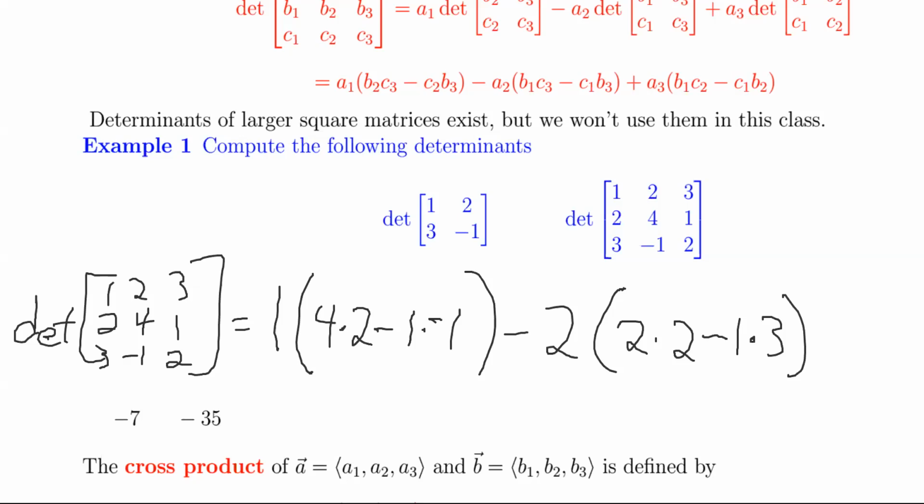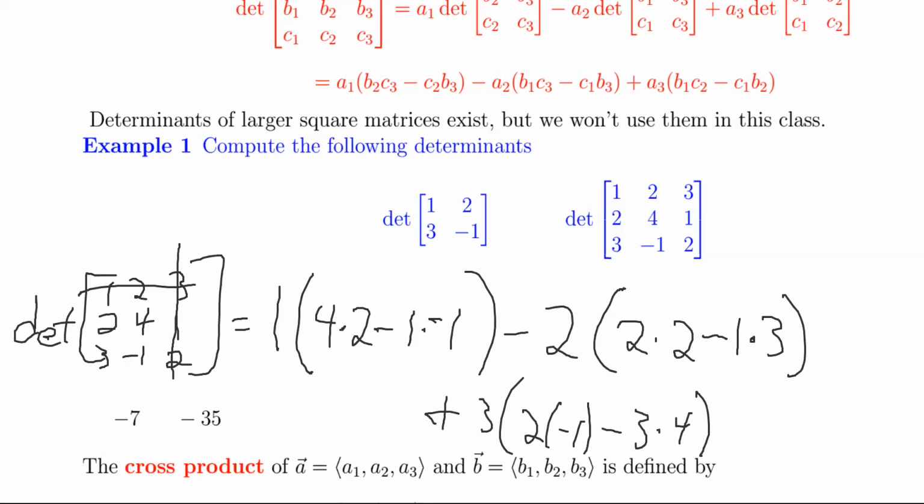So that is 2 times 2 minus 1 times 3. And then we add 3 times the determinant of what is left over when we cross off the row and column that 3 is in. So this is 2 times -1 minus 3 times 4. And then we do all of this calculation.